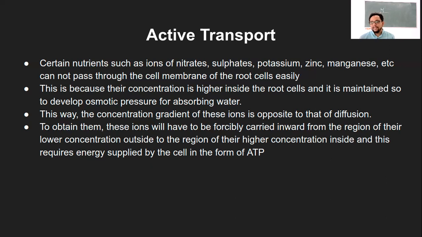So if there are, let's say, 100 molecules of mineral inside the cell, then 100 molecules of water will also have to be there. And that is when the osmotic pressure is developed within the cell, and osmosis will keep on happening. But as and when water is getting absorbed, the minerals will keep on diluting, and the plant does not want that.